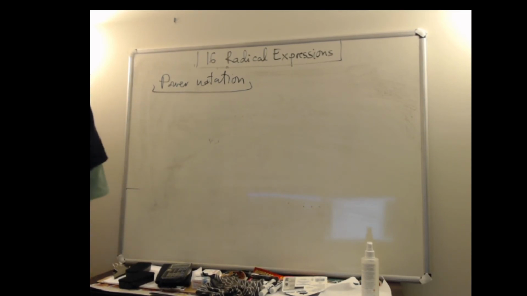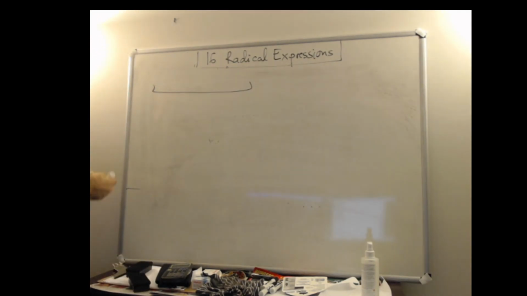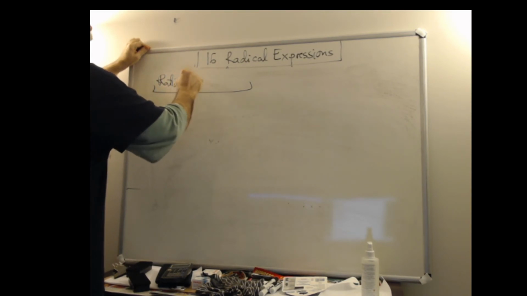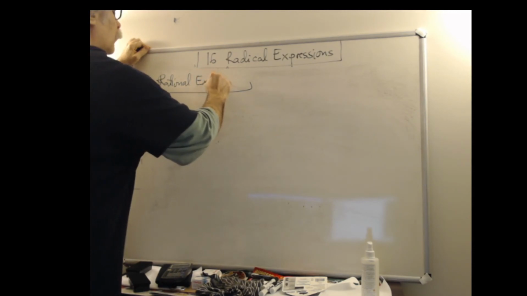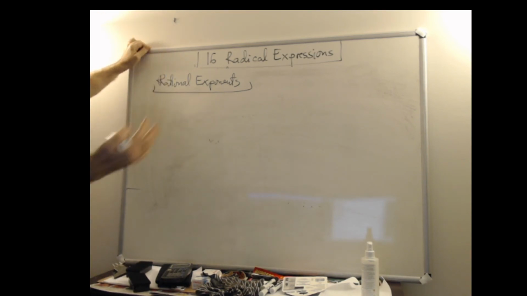We prefer to use power notation. This is often called rational notation, so rational exponents. That's basically a power notation. So radical can be written as a power notation.